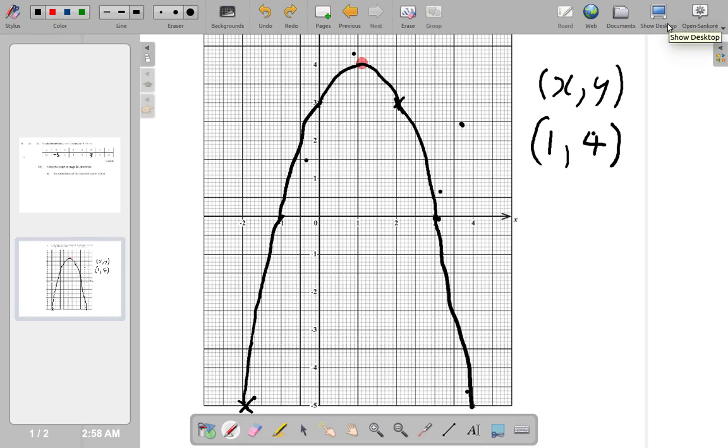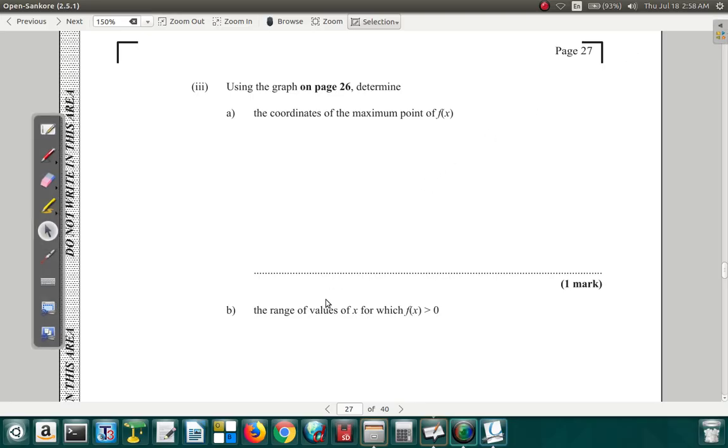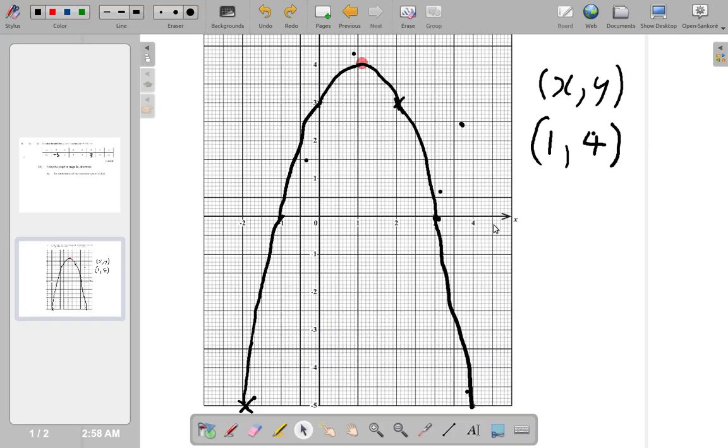Let's see what else they said. The range of values for which f of x is greater than 0. Now f of x refers to the points on the curve. Greater than 0 means the values that are above 0, which is above the x-axis.